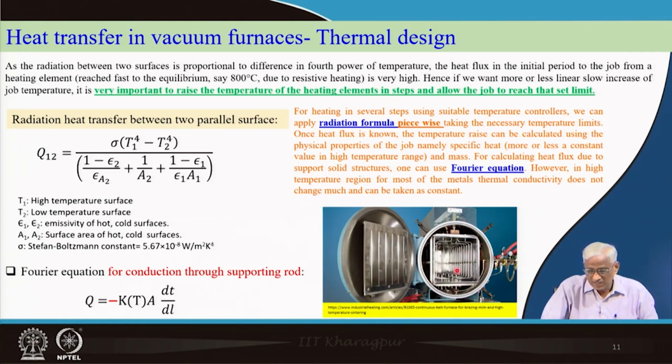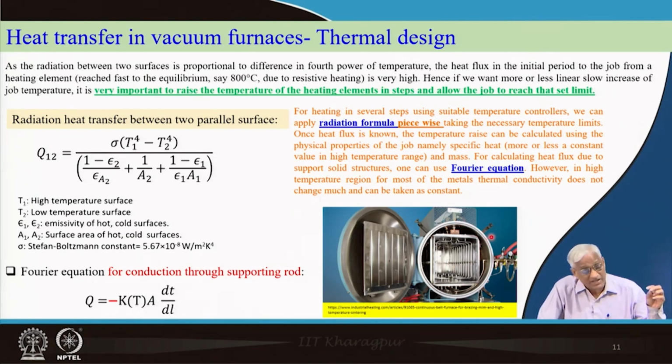For example, you will see these are all heaters, these are all shields, this is the furnace and this is my gasket, and there is a front end shield also, this is a quick opening door and electrical feedthroughs for electrical things and gas inlets, varieties of things are there, and the gasket should not be heated.